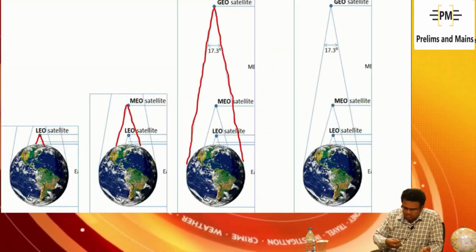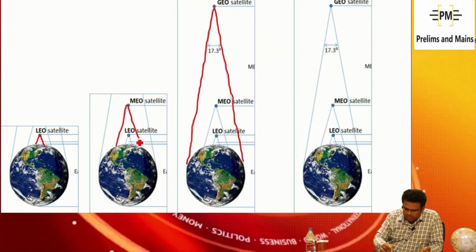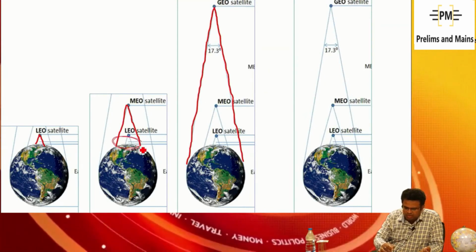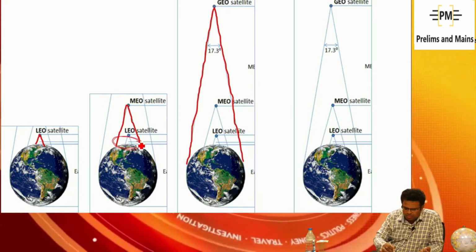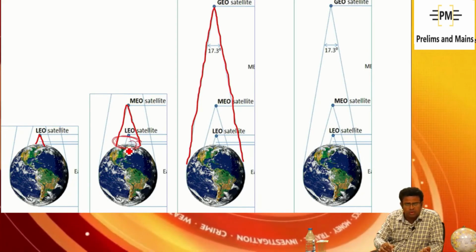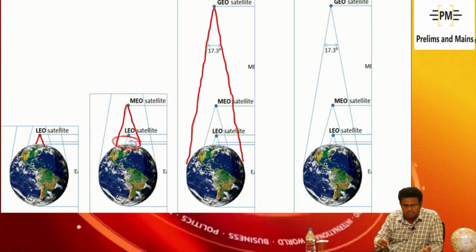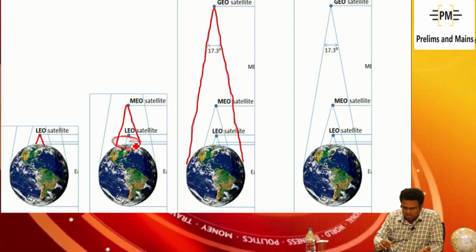you know that medium earth orbit is able to cover a good amount of area, but not a very large area. It can cover the whole of North America like this, not just one third, but a good area.